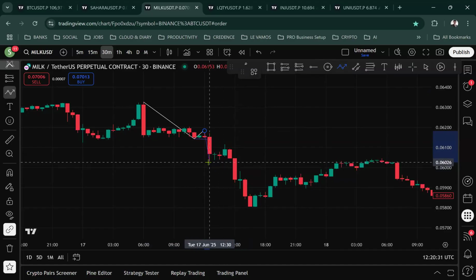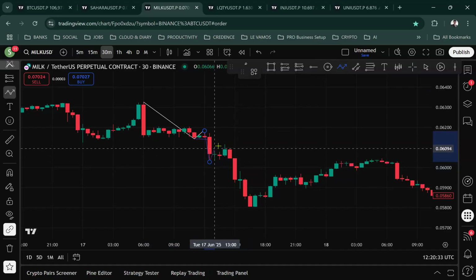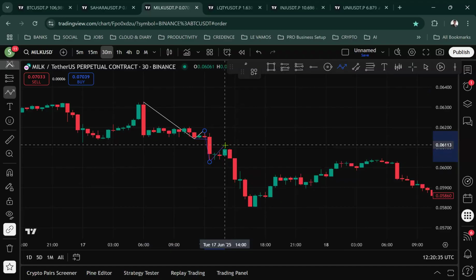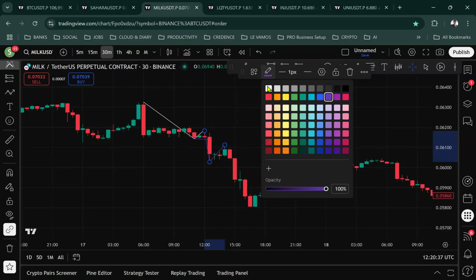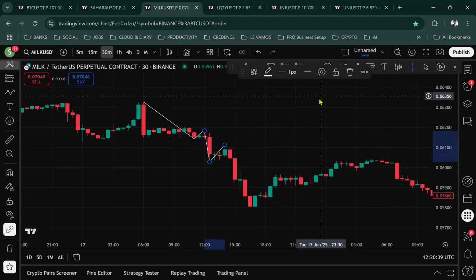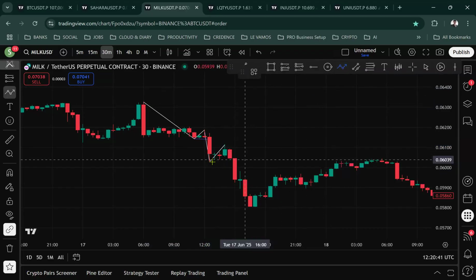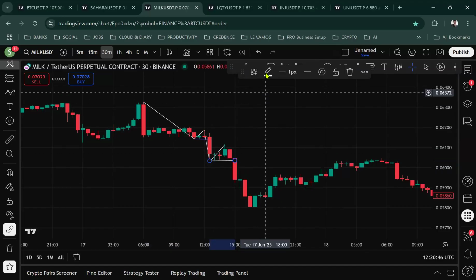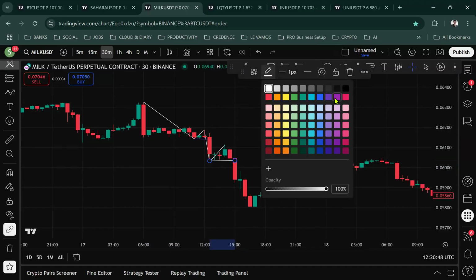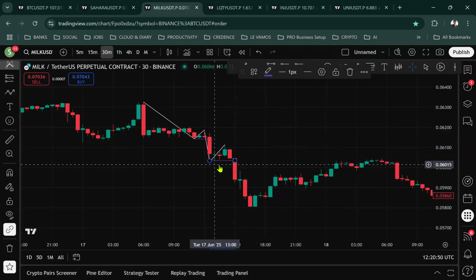Yeah. This is the lowest point. This is the one. Valid pullback there. This is a valid pullback, right?